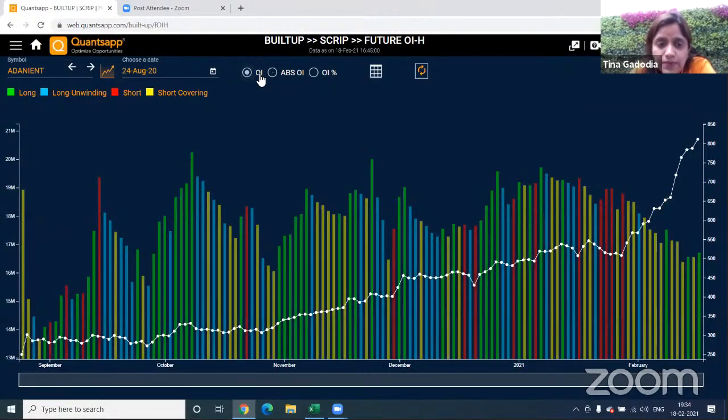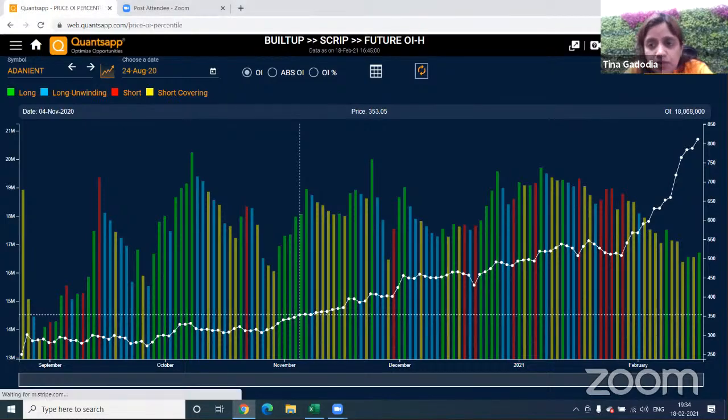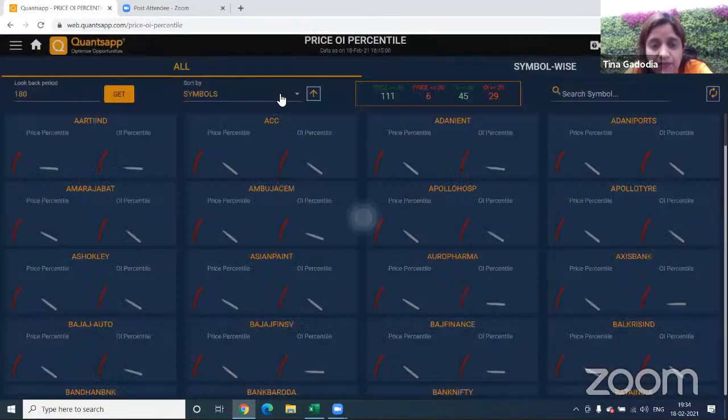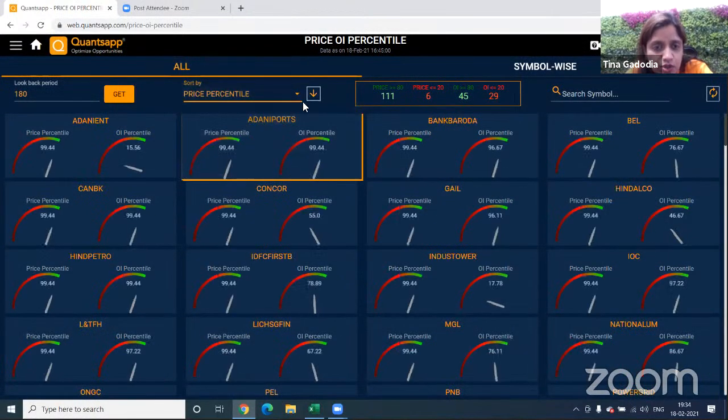The one we saw earlier had OI increasing and then a continuous move. So unless there is good OI coupled with the price move, we should avoid it.